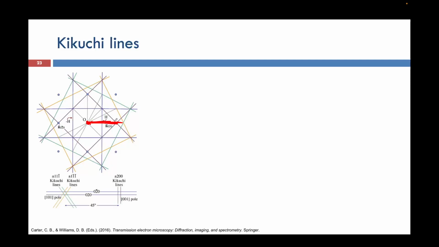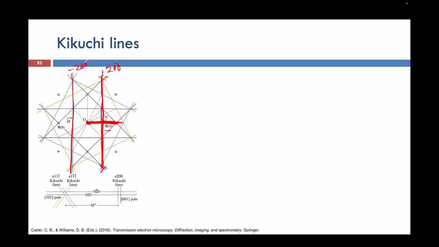So let's say for this point the perpendicular bisector is this one and this one. A line which perpendicularly bisects 000 to 200 will be one pair of Kikuchi lines. Then opposite to that one we can draw another Kikuchi line. So this Kikuchi line belongs to 200 and minus 200.